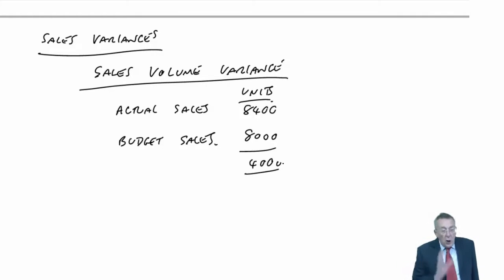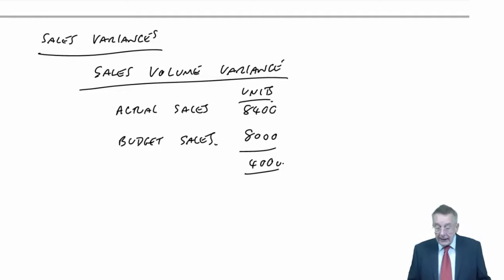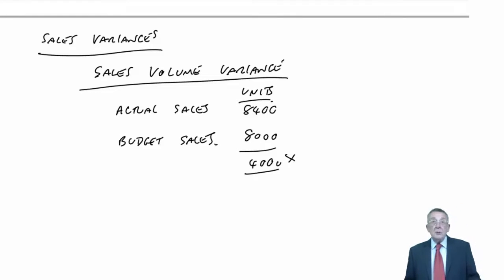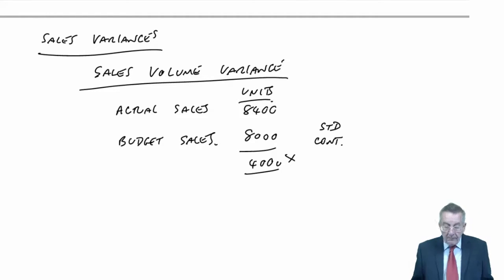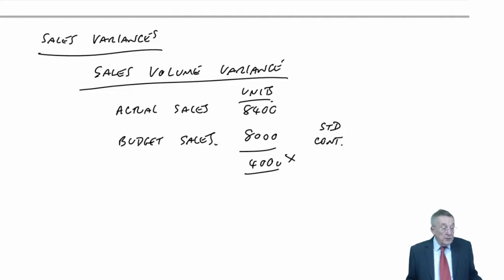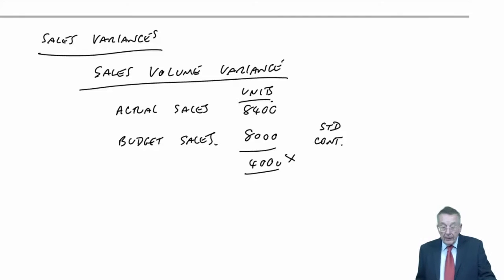And if that's the only thing that changed, if everything else went perfectly, how much extra profit would that have given us? Well, remember we're doing marginal costing, and so every extra unit gives us more contribution. We cost out at standard contribution per unit, which, if you look back at the question, the standard selling price was 75.